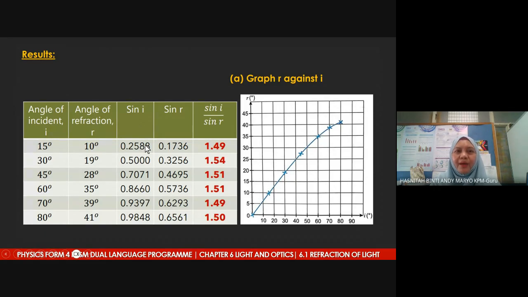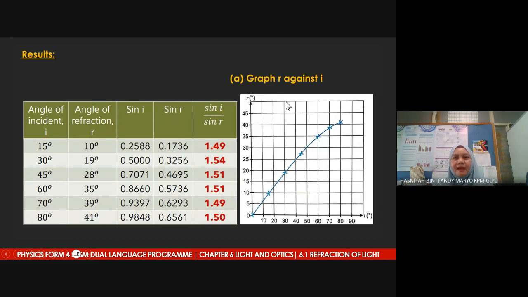You can try now. Sine 30 degrees is 0.5. Sine r, sine 10 is 0.1736. Then for angle of refraction 19, sine 19 is 0.3256. And this is the ratio of sine i to sine r: 1.59, 1.44, and down there 1.5.